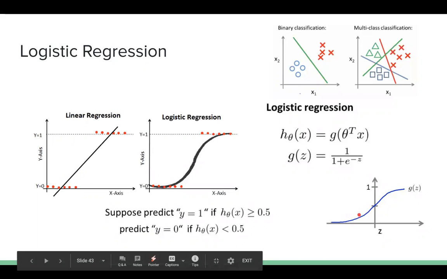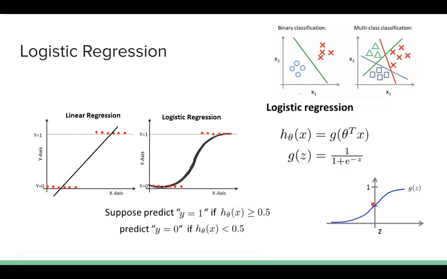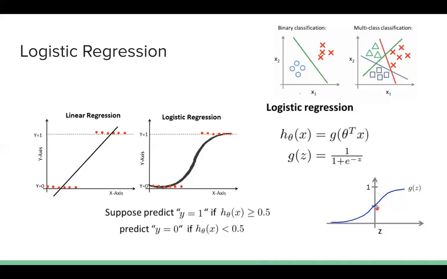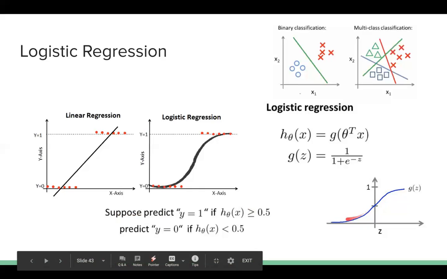Depending on what value we get, we assign it to the appropriate class. For example, suppose predict y equals 1 if h theta of x is greater than or equal to 0.5. If something is 0.5 and above, I'll consider it one class, whereas something below 0.5, I'll consider a different class.